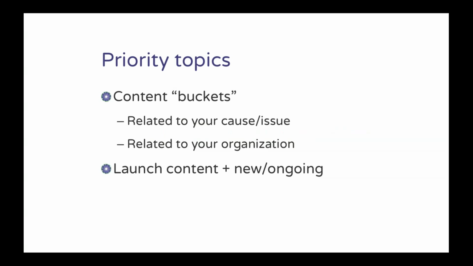So with the information you have about purpose and objectives, audiences, your key messages, then you can make some decisions about what topics you need to feature on your site related to your cause or your issue, what content you need to create in order to explain the work of your organization, the programs and services that you offer.